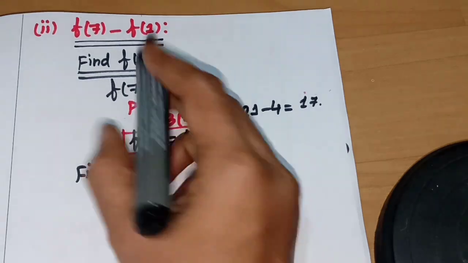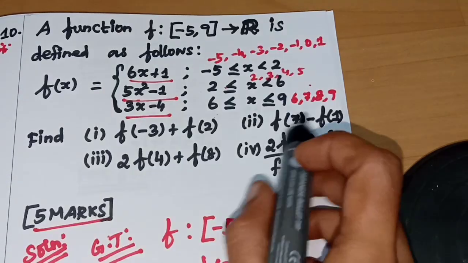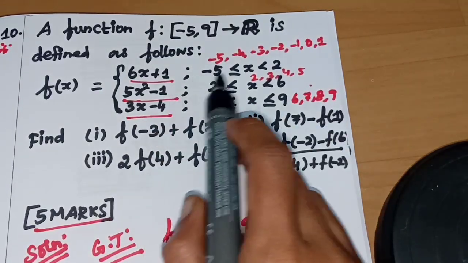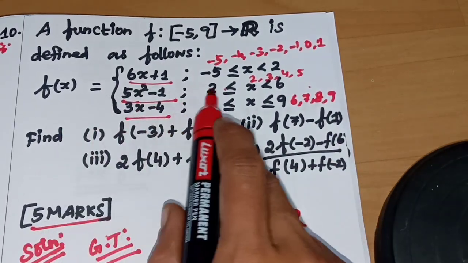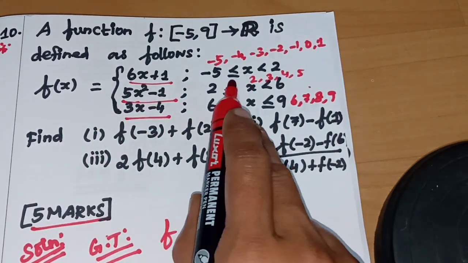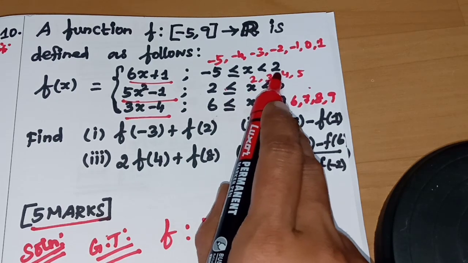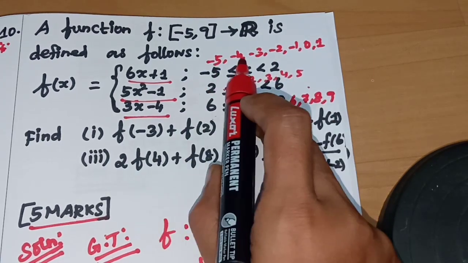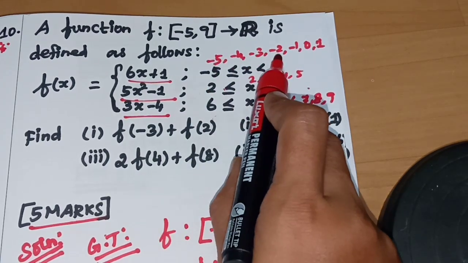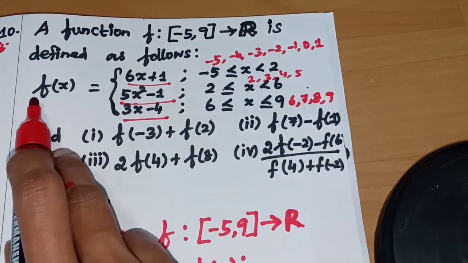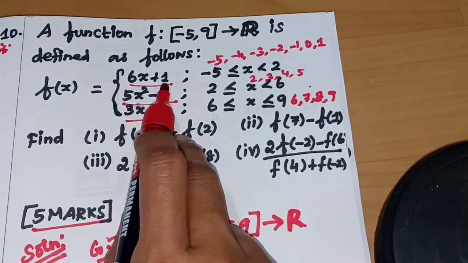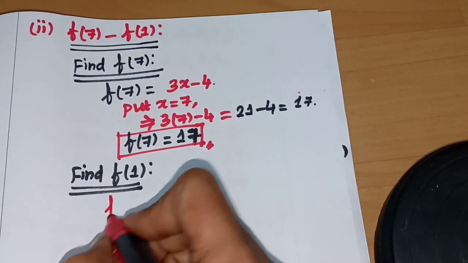Find f of 1. F of 1, the limit is minus 5 less than or equal to x less than 2. Minus 5, minus 4, minus 3, minus 2, minus 1, 0, 1. So f of 1, the function f of x equal to 6x plus 1.